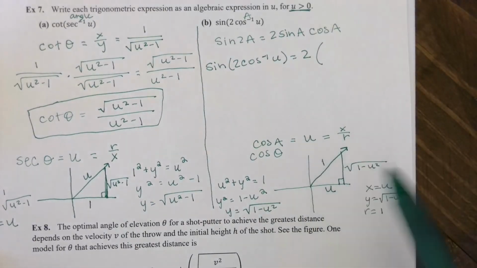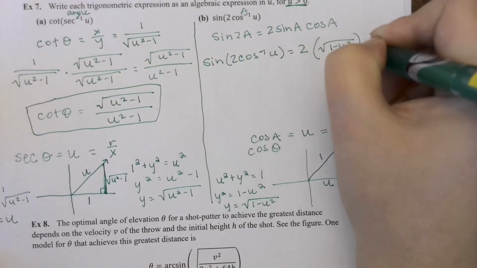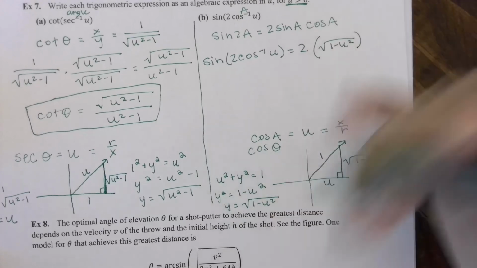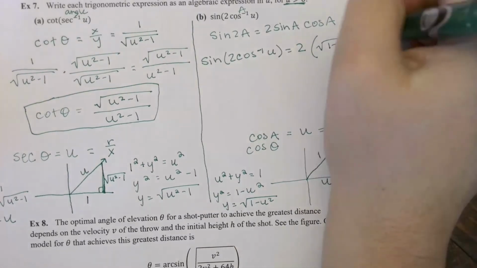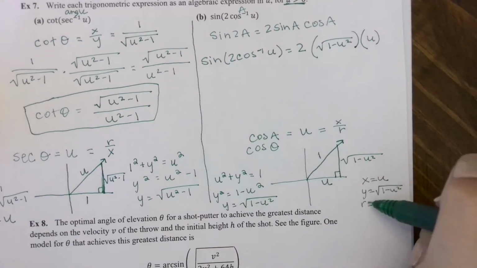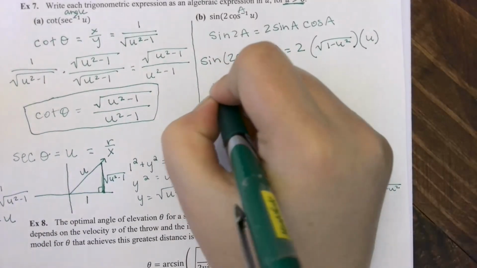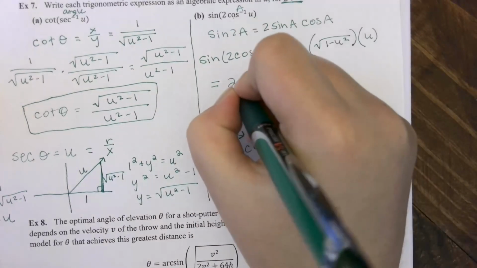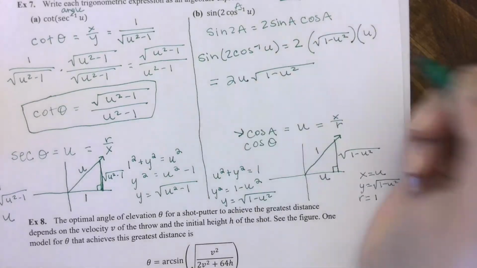Sine of a is y over r, so it's the square root of 1 minus u squared over 1. Cosine a is x over r, which we know is u. So this gives me 2u times the square root of 1 minus u squared.